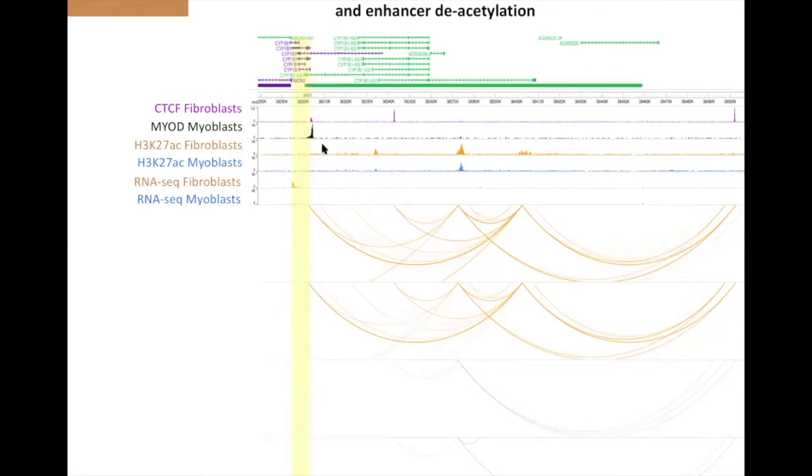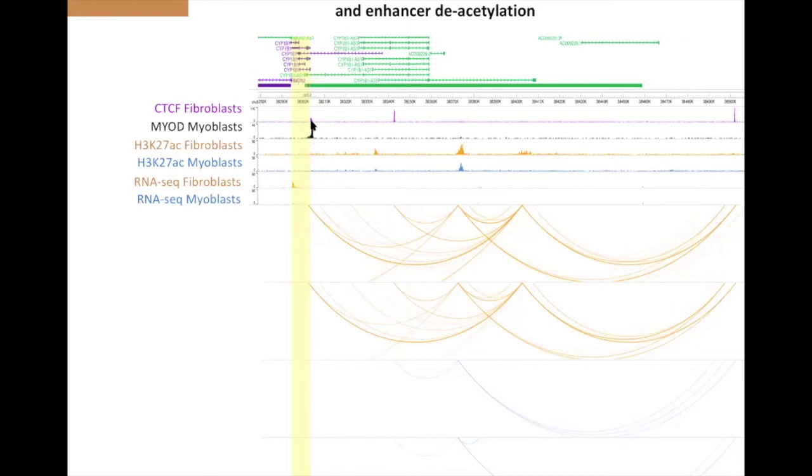You see here a case where MyoD binds the promoter of a gene, which is downregulated. It's kind of paradoxical that a transcription activator downregulates the gene by binding the promoter. But you see here, we are trying to understand why that happened.